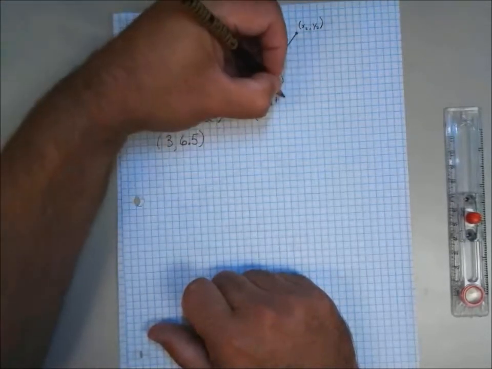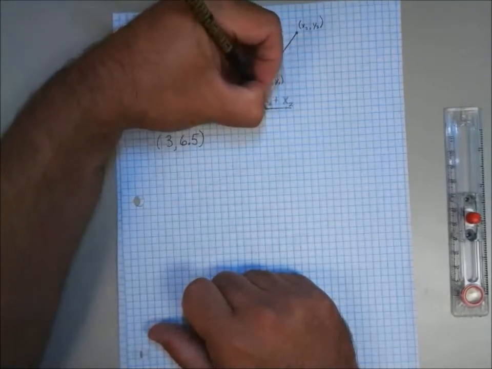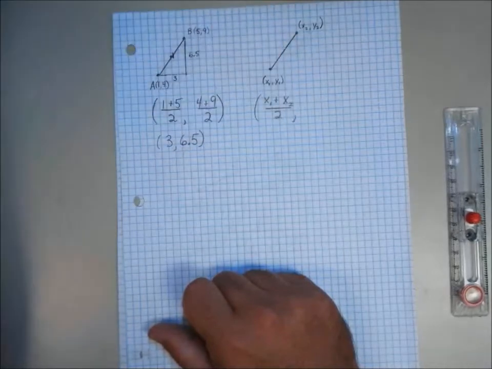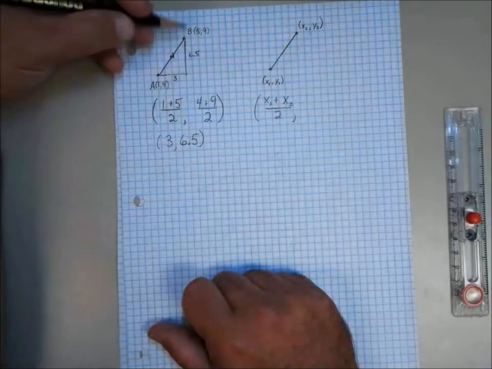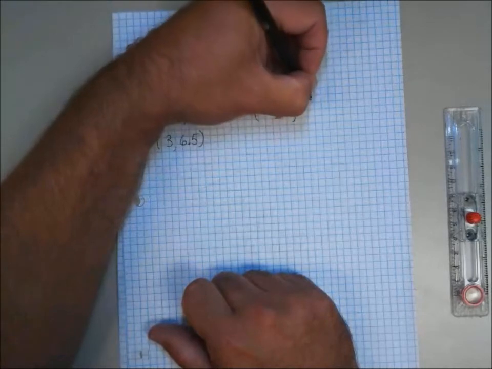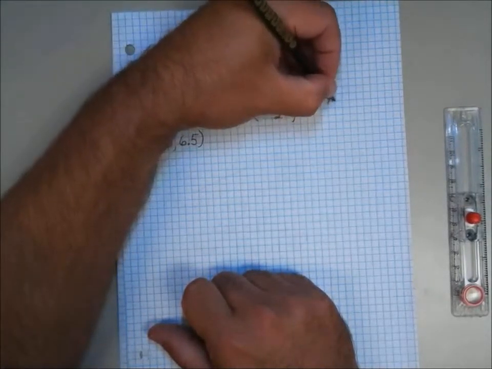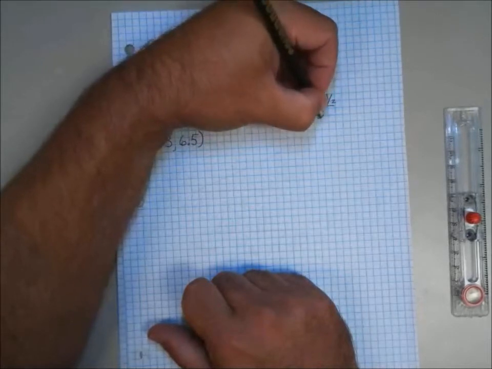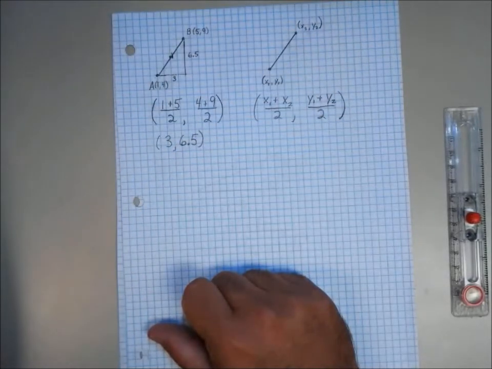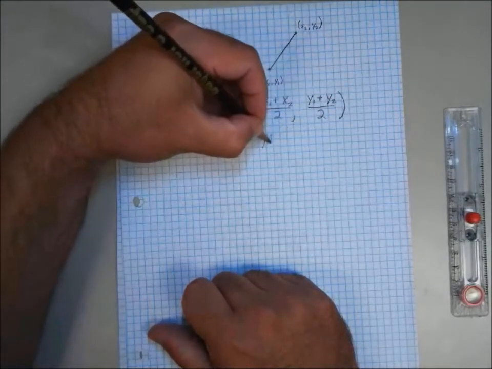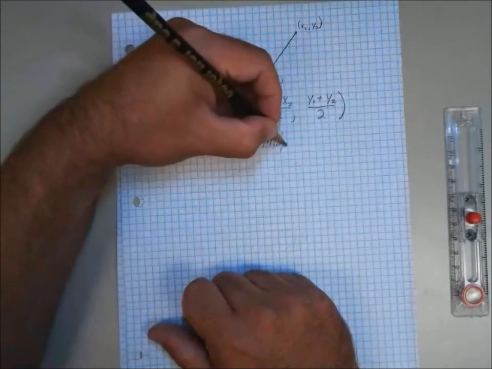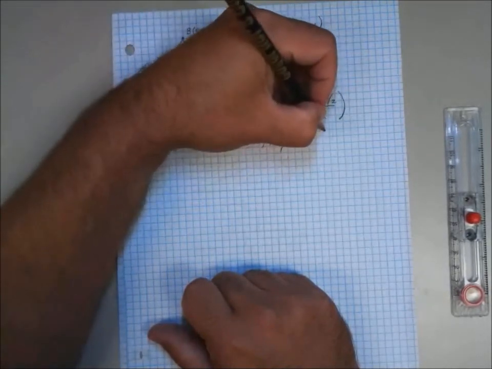This was x2, so x2, and then divide by 2. For your y's, the 4 is now y1. The 9 is y2. Divide that by 2. And you've generalized it, and this is considered the midpoint formula.